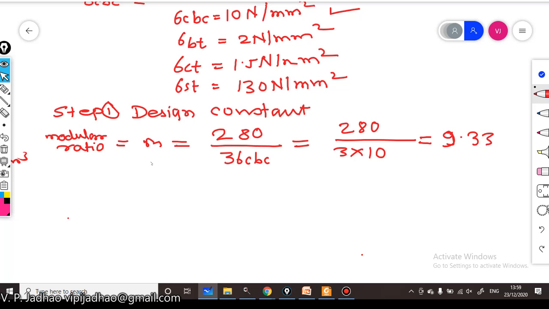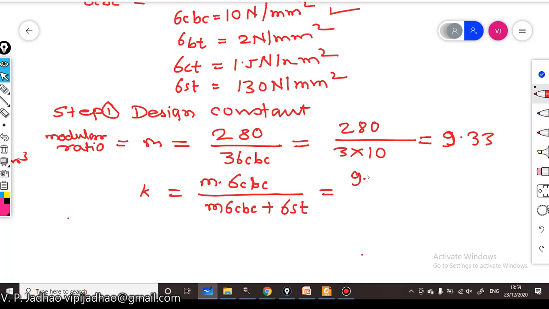Then second design constant is the value of k. The formula for calculating k is equal to m sigma CBC divided by m sigma CBC plus sigma ST. Just put these values.